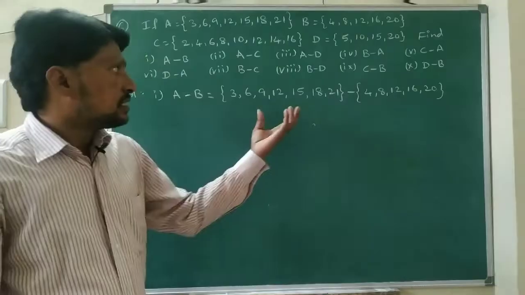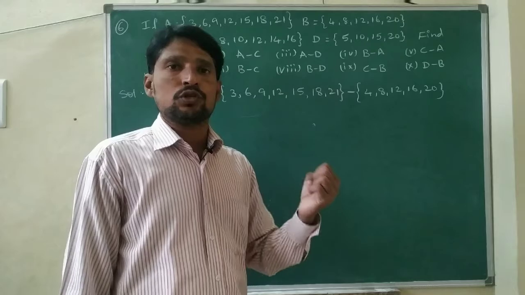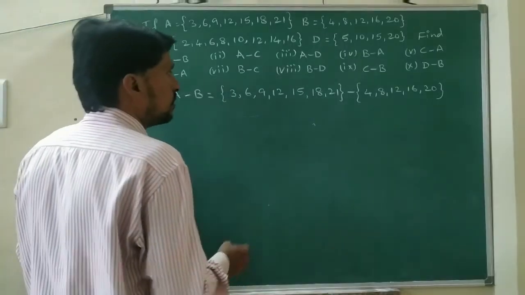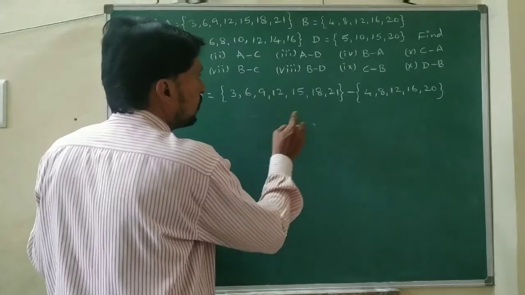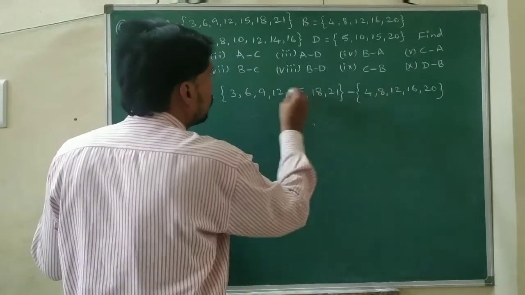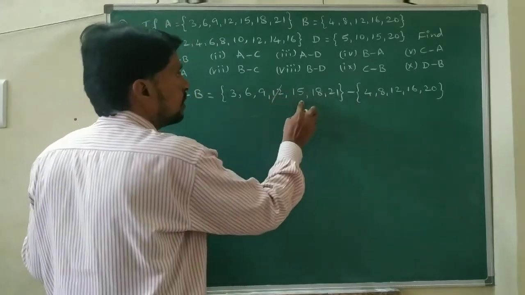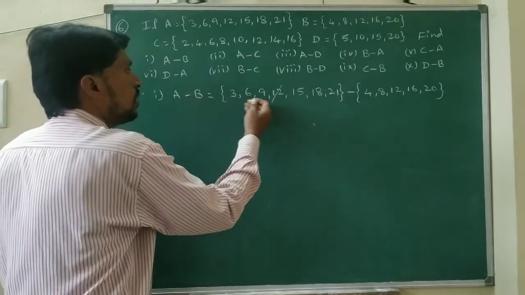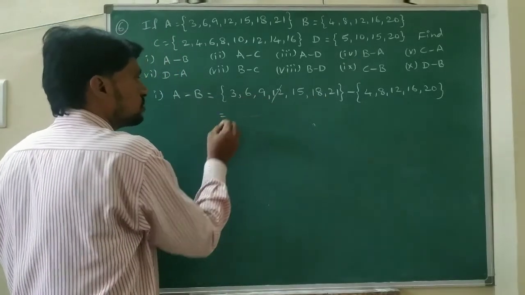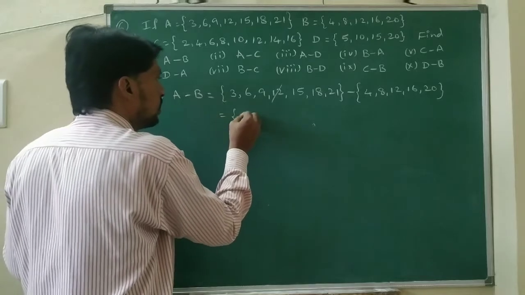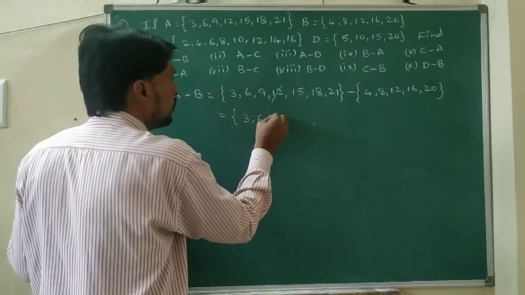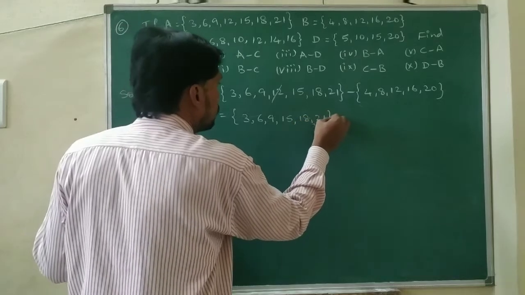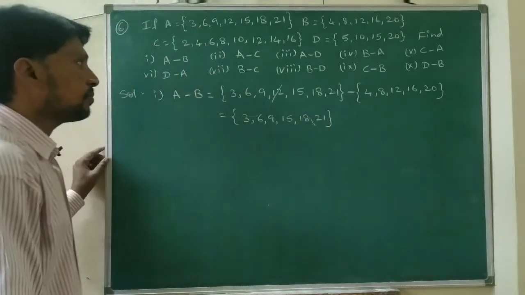So for the difference, the common elements in the first set we should cut, and the remaining elements we need to write. So what are the common elements? Here 12 is the common element and the rest are not common. So the remaining elements of the first set A we need to write: 3, 6, 9, 15, 18 and 21. This is A minus B.